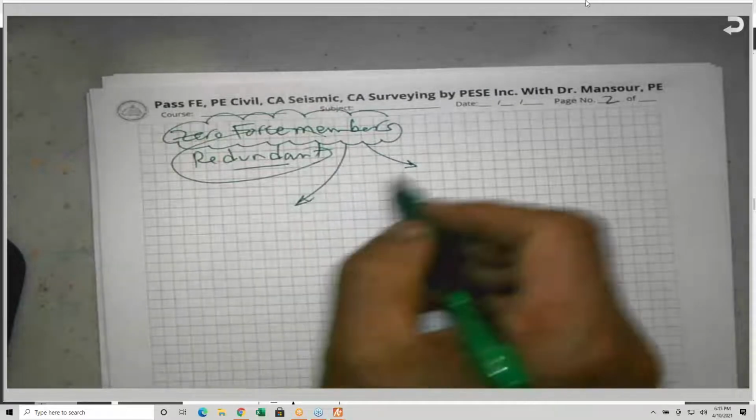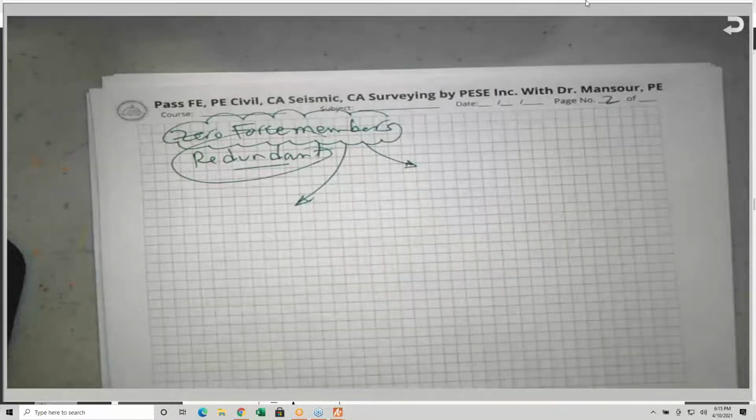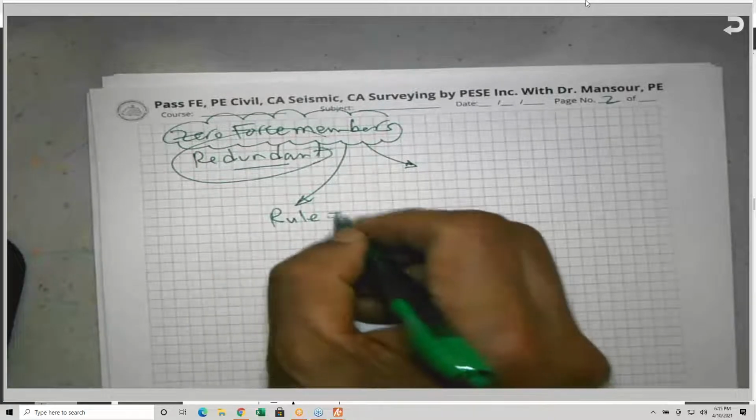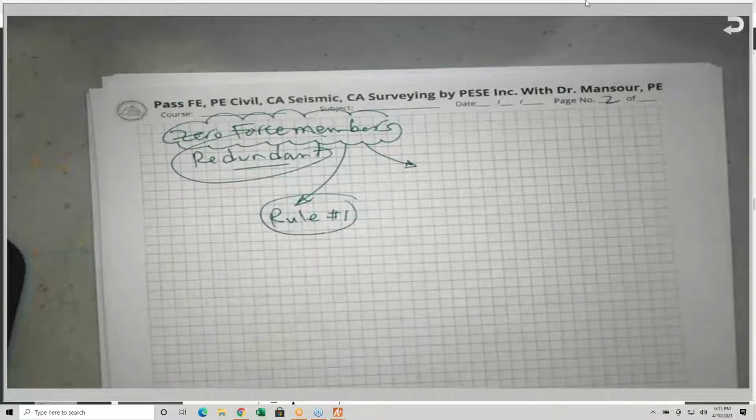So, two rules. Rule number one. And you don't have to remember rule number one, as they are mentioned in this chapter.